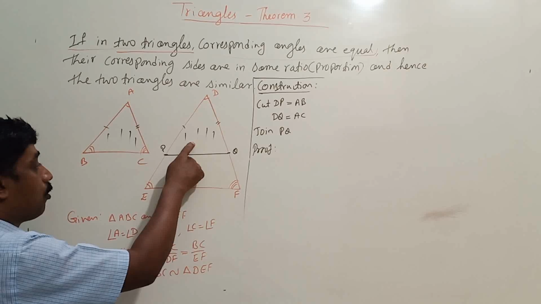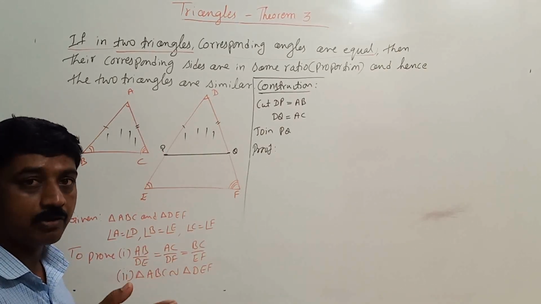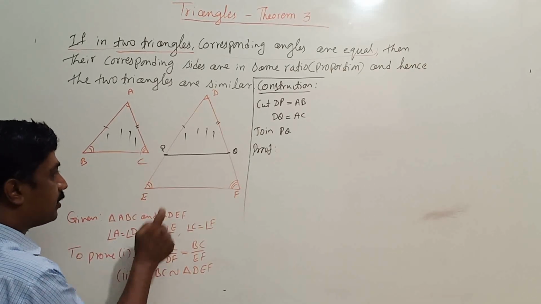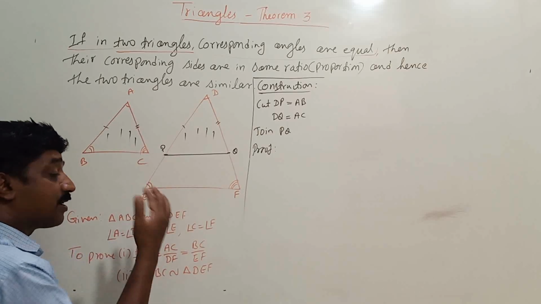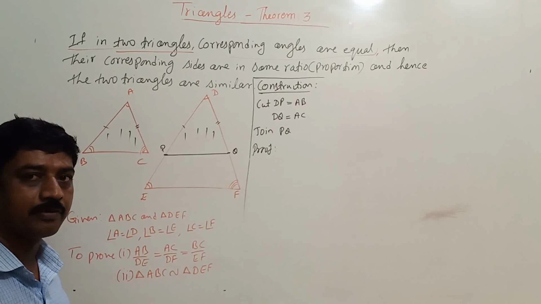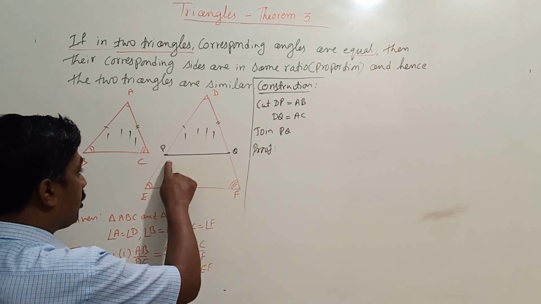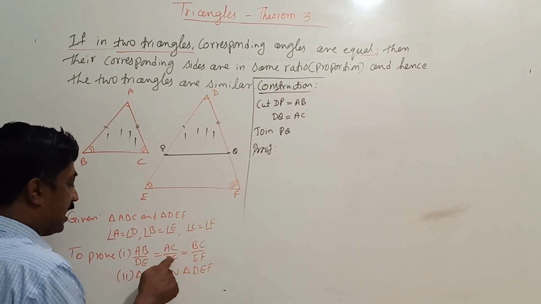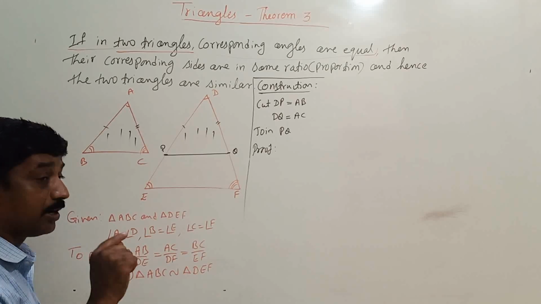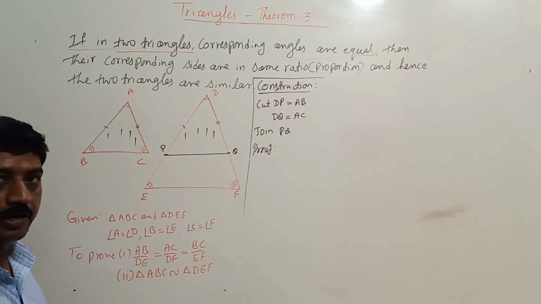So when these two are congruent, then angle B is equal to angle P, CPCT, corresponding parts of congruent triangles. But B is equal to E, given. Therefore, P is equal to E. But these are corresponding angles. Therefore, PQ is parallel to EF. That is very important. If I get PQ parallel to EF, then it's easy for me to prove this. Got the point? So let us write up to PQ is parallel to EF, then we continue, right?